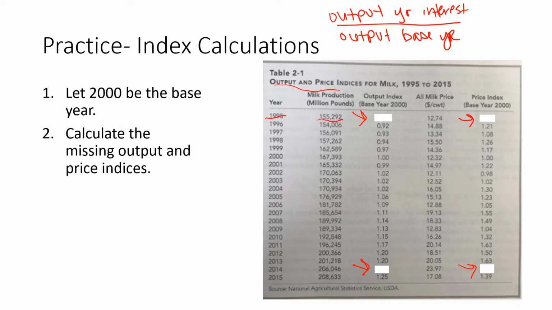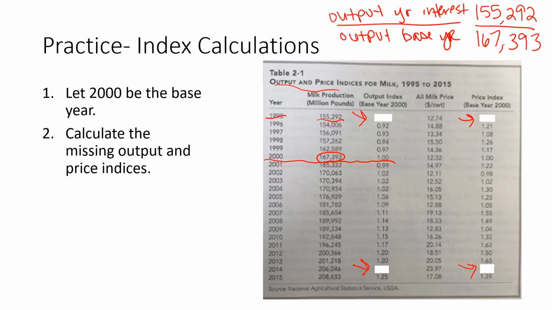The output for that year is 155,292. And we are going to divide that by the output for the base year. Again, our base year is the year 2000, so we're going to divide that by 167,393. 167,393 pounds of milk were produced that year.